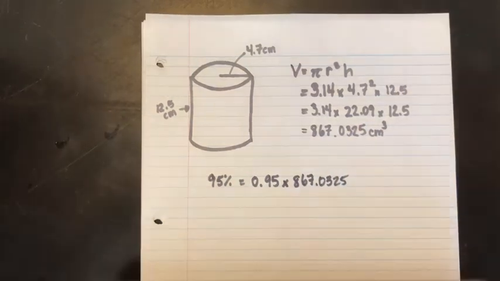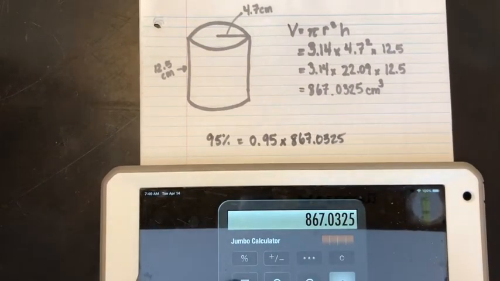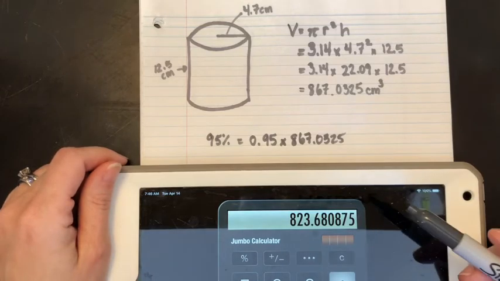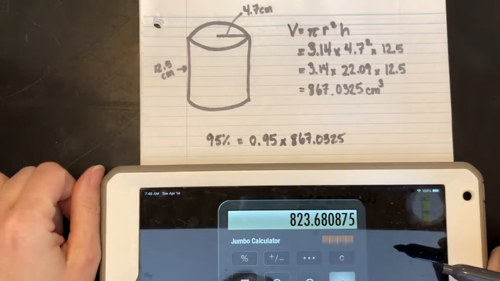So in my calculator, I've already got that up there. I'm going to go multiplied by 0.95 because it's 95%. And this is my answer here of what that can will hold if it's only holding 95% of its maximum volume. That would be the amount of liquid.